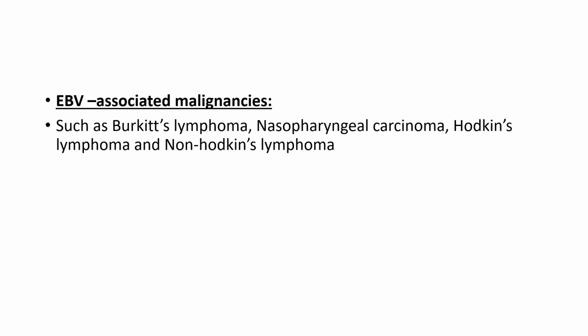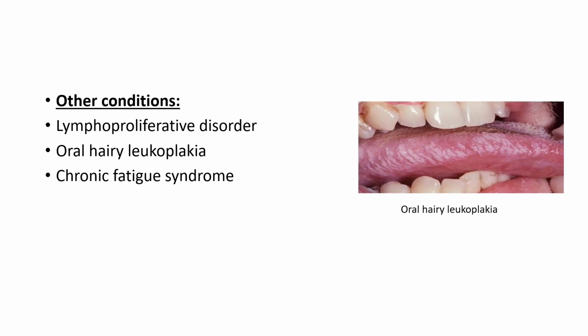About this we have already discussed. There are several carcinomas which are associated with Epstein-Barr virus infection. Then other conditions. Sometimes there will be lymphoproliferative disorder in the person as a result of continuous multiplication of the infected B cell and malignant transformation of the infected B cell.